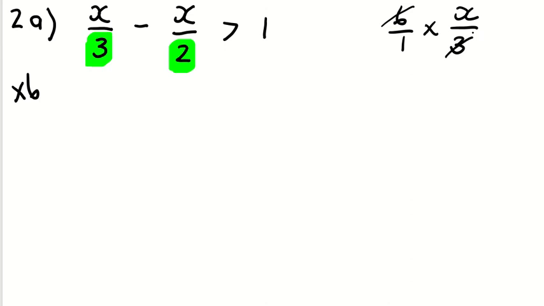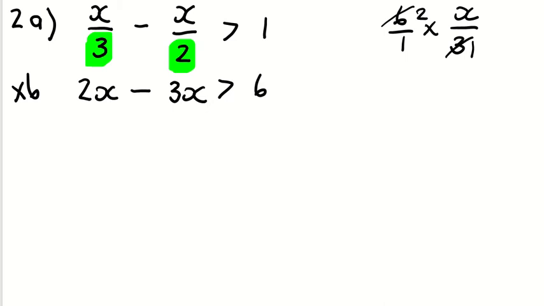And then if I cancel it out, I'm going to be left with 2x. Okay. Julle is welkom om daai stapie ook te wys. Then the next one, if I multiply with 6, I'm going to be left with 3x. And then I have to multiply the 1 with 6 as well.